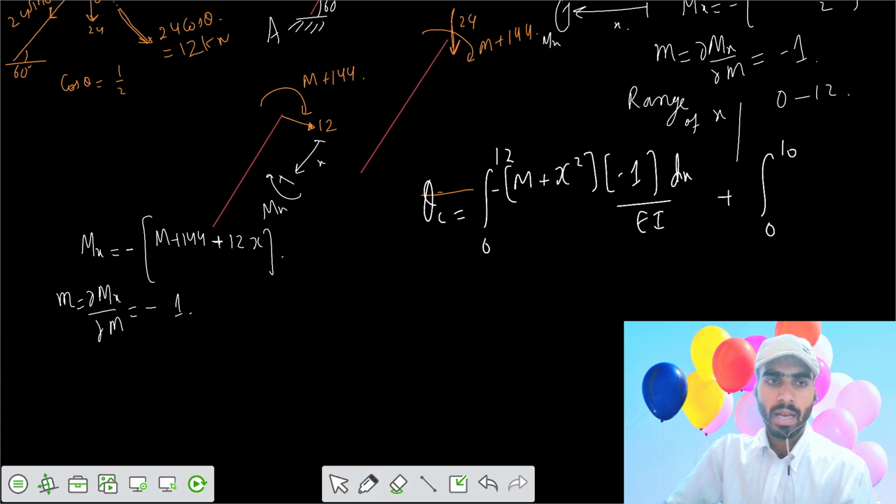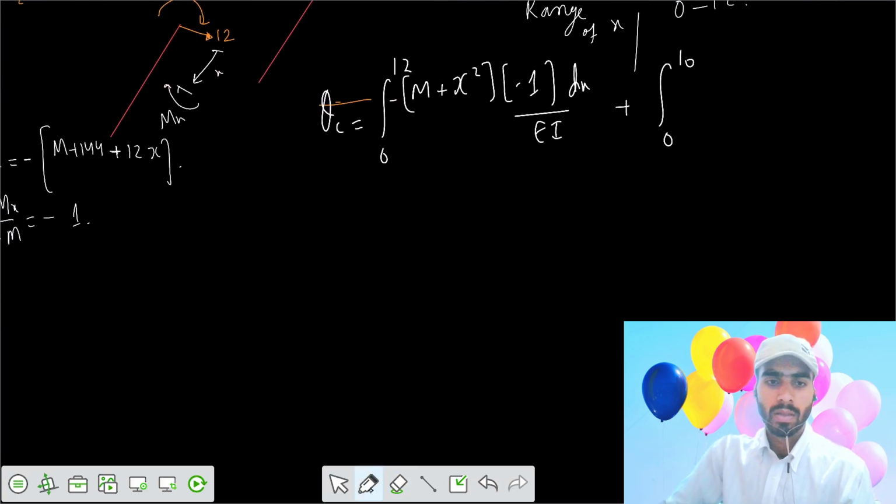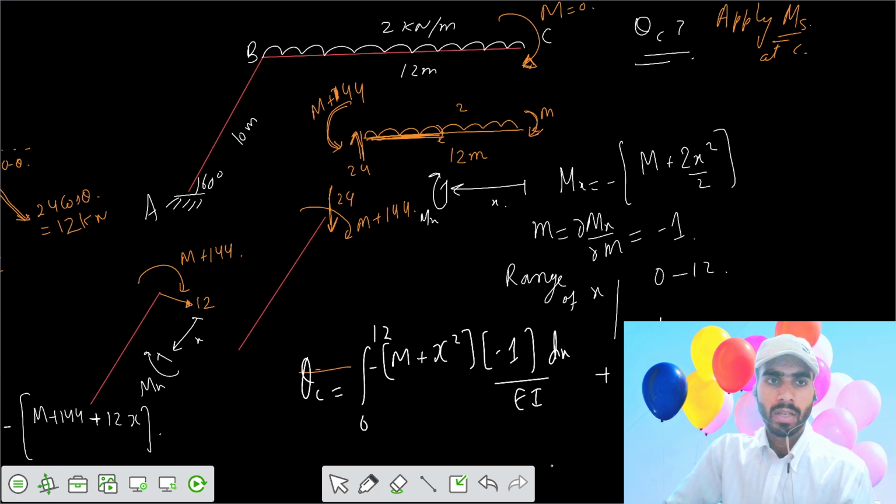We have the moment of M plus 144 plus 12x, so we write minus times M plus 144 plus 12x, and you have to multiply it with minus 1, and the range was 0 to 10 meter.